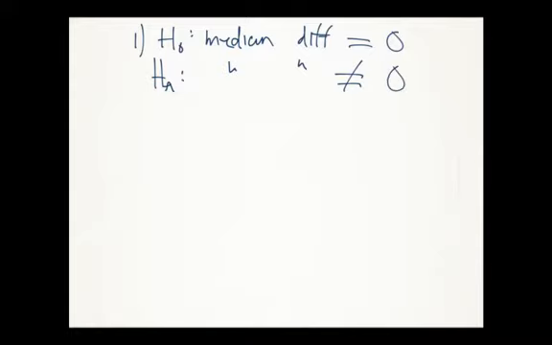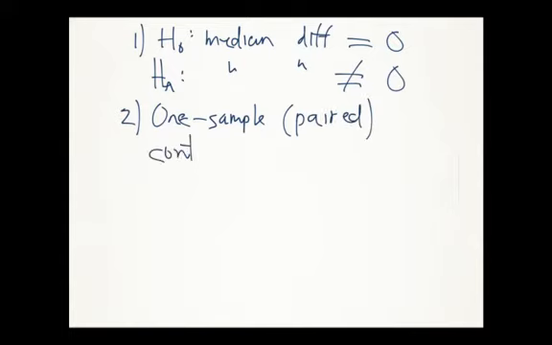So just for purposes of completeness, let's go through our 7 steps of hypothesis testing. Step 1, state the null and alternative. The null hypothesis is that the median difference is equal to 0. The alternative is that the median difference is not equal to 0. We're in a one sample, but it's paired, a one sample paired situation with a continuous outcome.